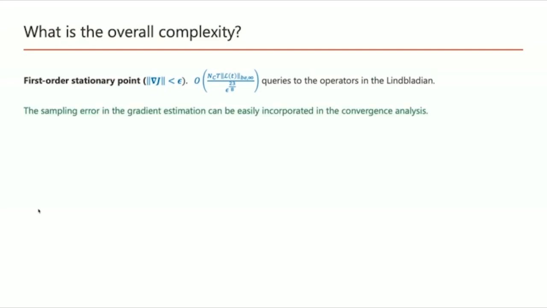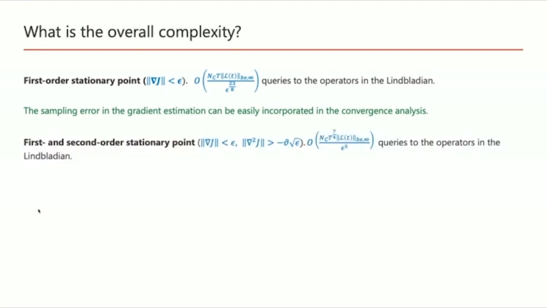All right. The reason that we like this sort of problem is that we have a bunch of choices for the Lindblad simulation algorithms, and we also have quite a few choices for the optimization algorithm. So we have to see how they interface and how they can be combined. When we want to incorporate both the first order and the second order condition, the analysis becomes much more difficult.